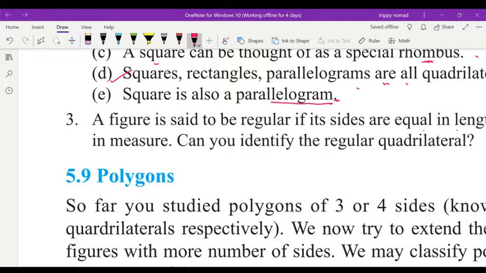I am taking the example of a square. So a figure is said to be regular if its sides are equal in length and its angles are equal in measure. I hope you understood, children.